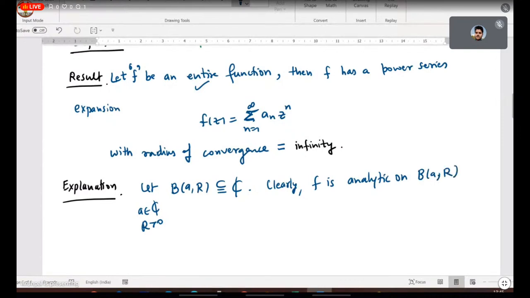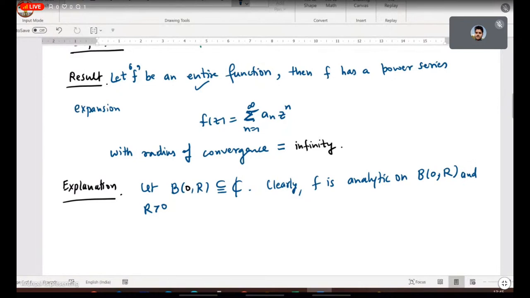In fact, rather than taking B(a, r), why don't you take simply this ball, centered at 0. So clearly f is analytic on this ball because it is given that it is analytic on all of the complex plane.